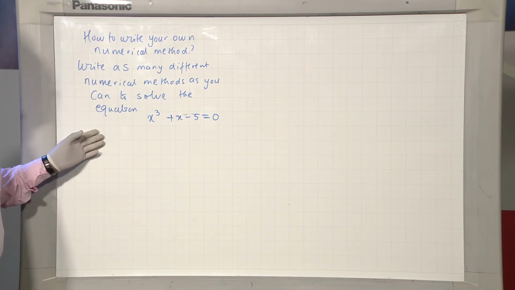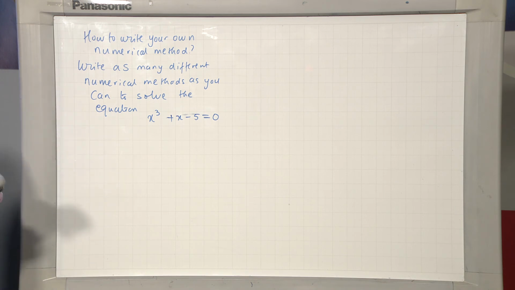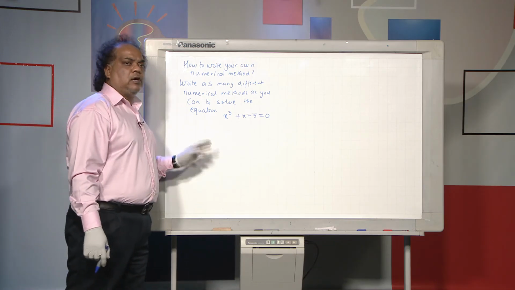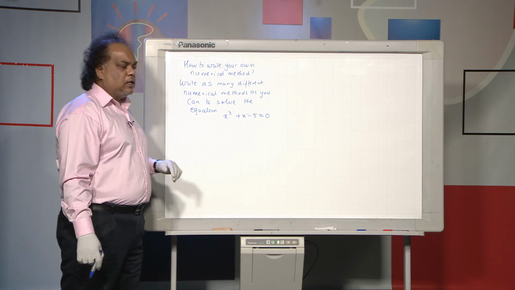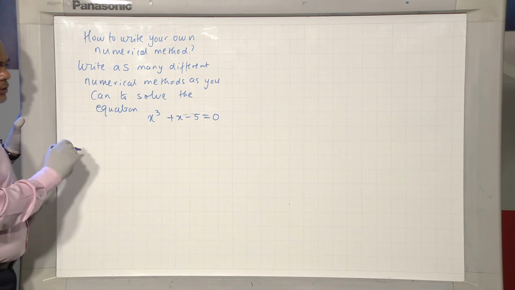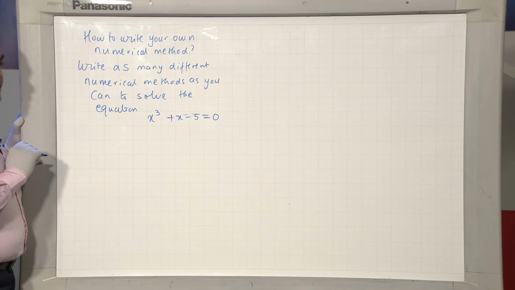Now, remember, we said in part 1, how does a numerical method look like? You have only one term in x on left-hand side, and all the terms in x are on right-hand side. So, what I'm going to do, the strategy is to keep 1x on left-hand side.